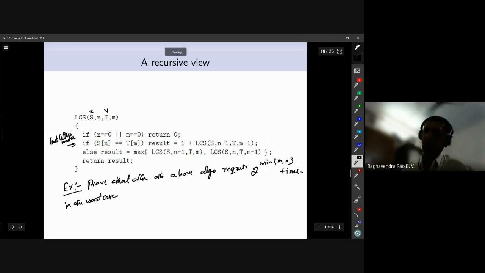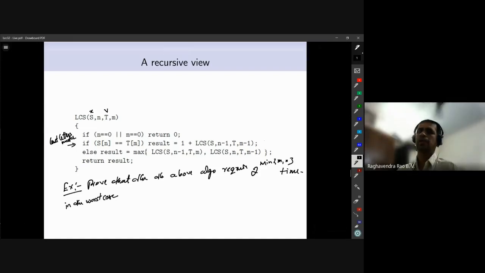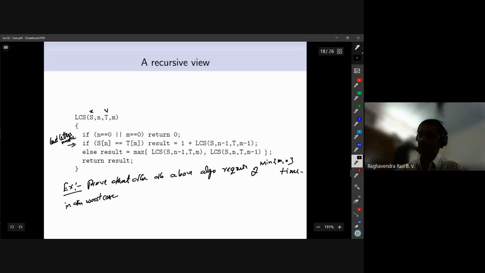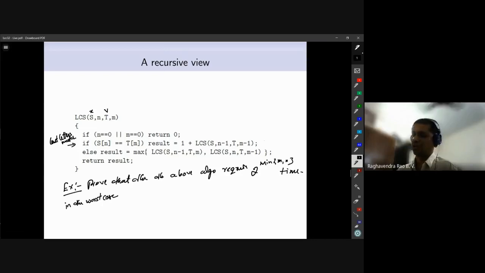You can just write down the recursive tree or write down the recursive function. In fact, it will be slightly bigger than this. It will be 2 to the min of mn into something. Nevertheless, this procedure is running in exponential time. So it's really not desirable as such. If there is a better solution, that is what we would like.